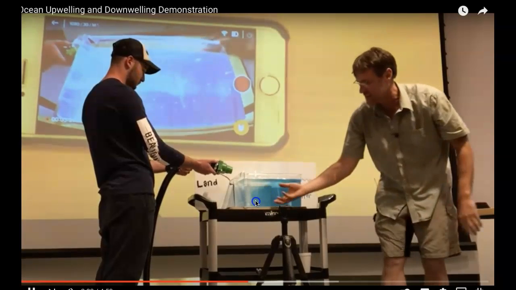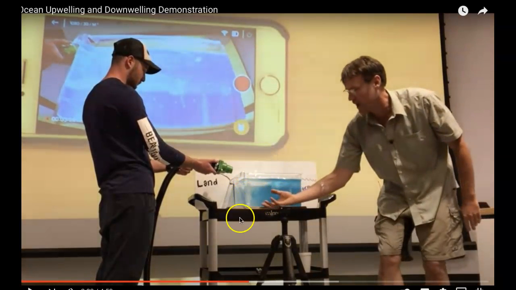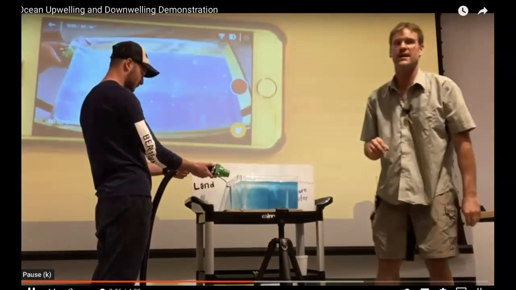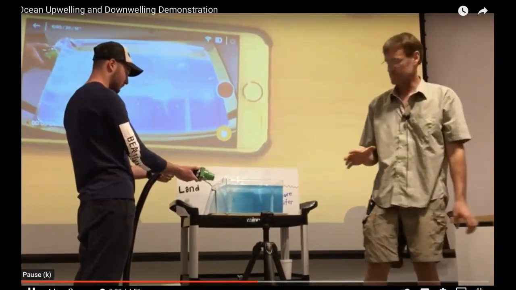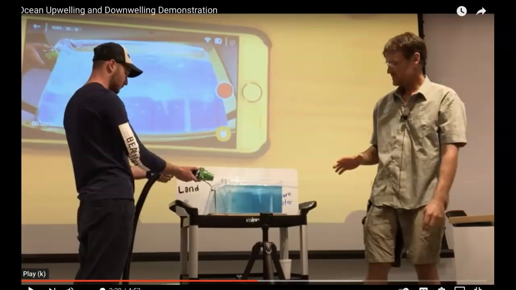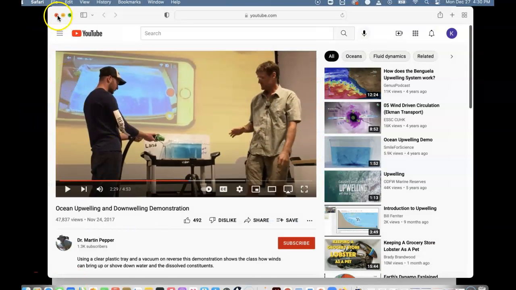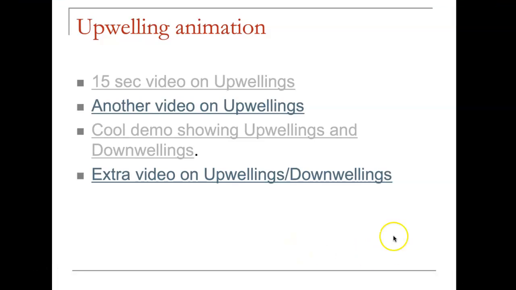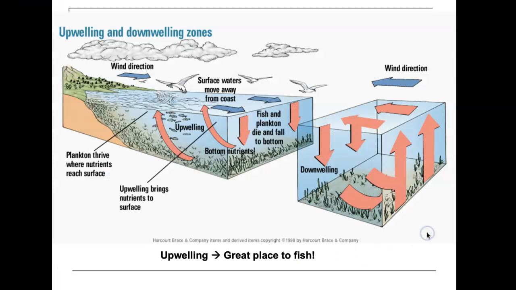So here it's pushing those nutrients up, and that's your coastal upwelling. So it's kind of cool to actually be able to see that in a demonstration. So again, please watch the whole demonstration. I know I just zoomed through that, but it's a really great demonstration on coastal upwellings and downwellings.